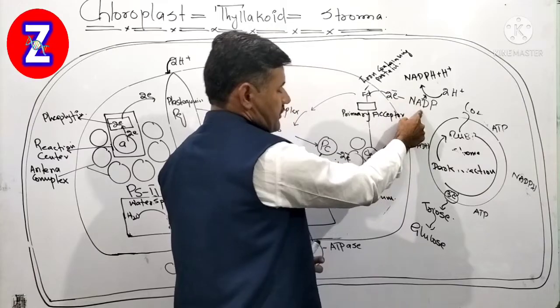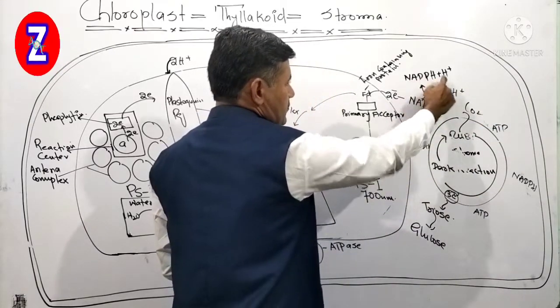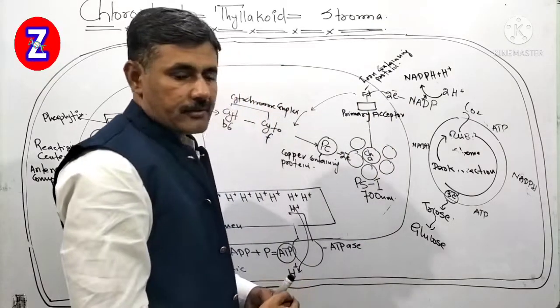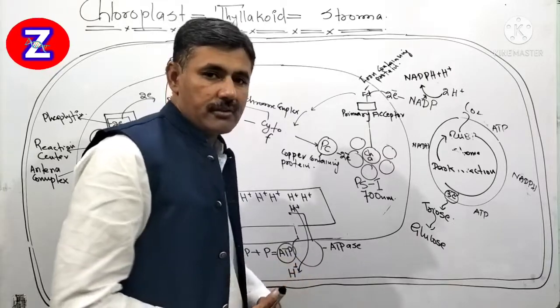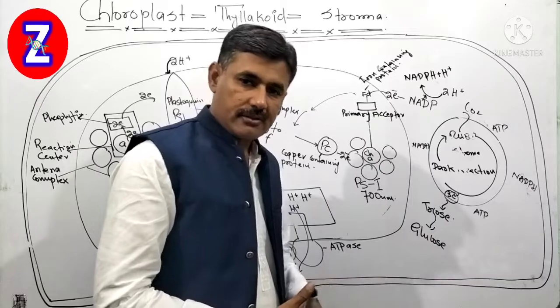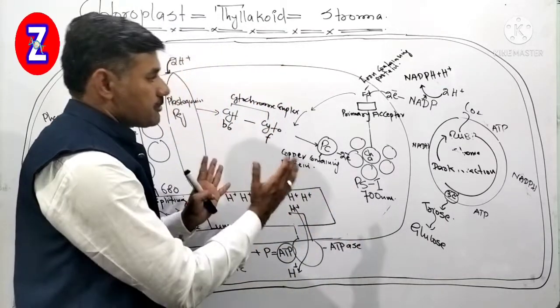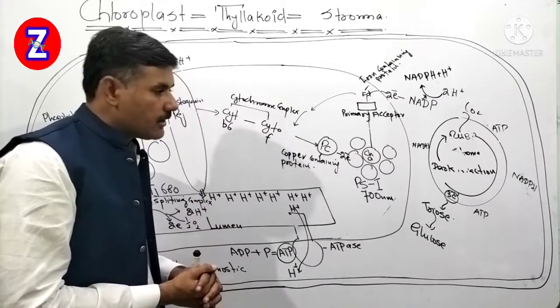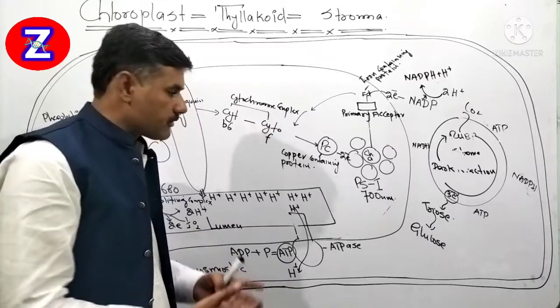As it takes electrons from ferredoxin and it takes protons from stroma, NADP is reduced into NADPH. And finally, these electrons are settled in NADPH, which is actually an electron carrier, which would finally release energy for the synthesis of glucose. Therefore, this is a simple arrangement of the structure of different protein complexes, cytochrome complexes in the structure of thylakoid membrane.